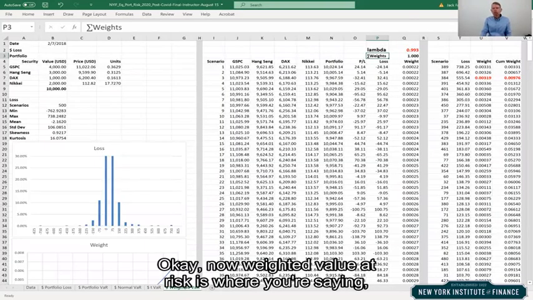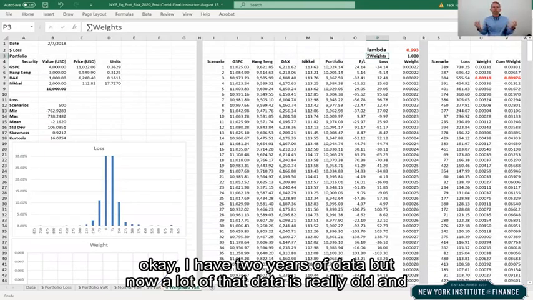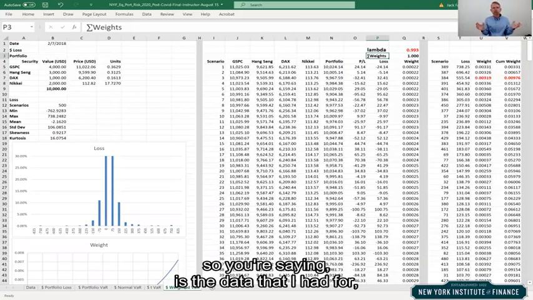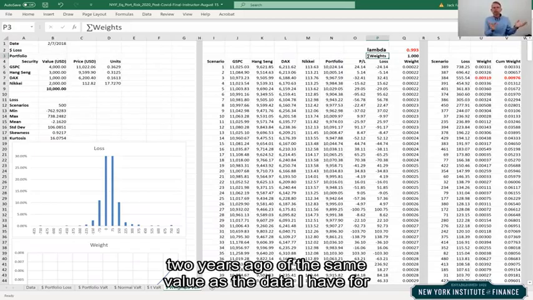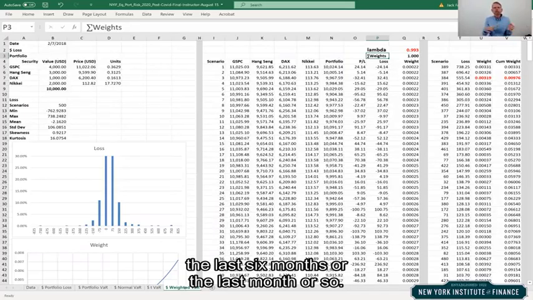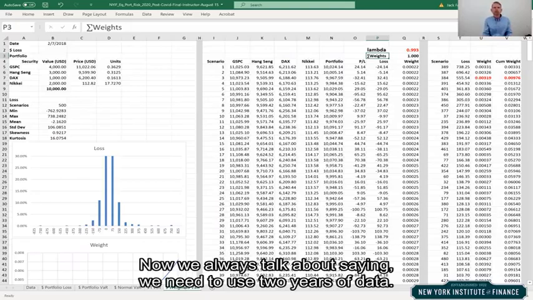Okay. Now, weighted value at risk is where you're saying, okay, I have 2 years of data, but now a lot of that data is really old. And so you're saying, is the data that I had 2 years ago of the same value as the data I have for the last 6 months or the last month or so?